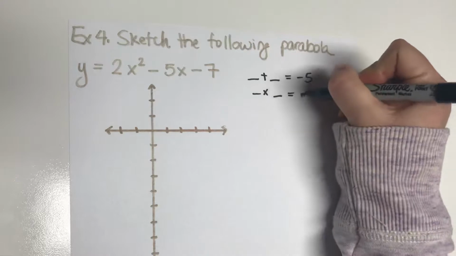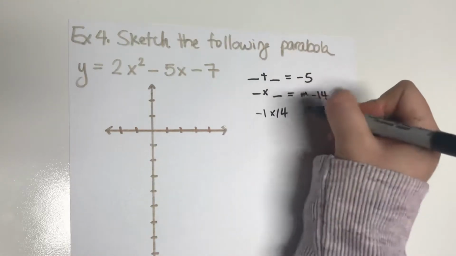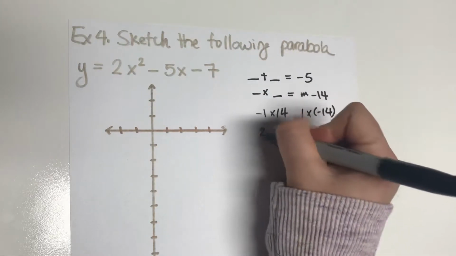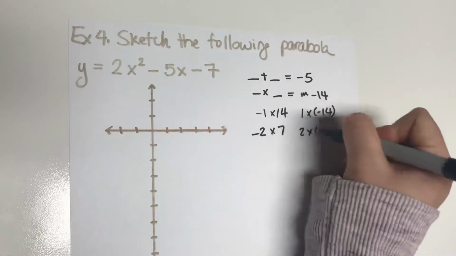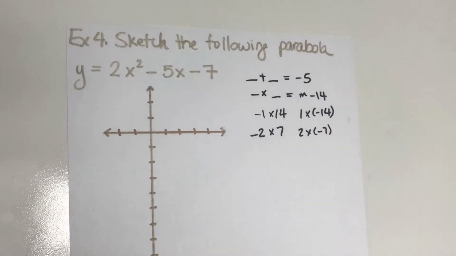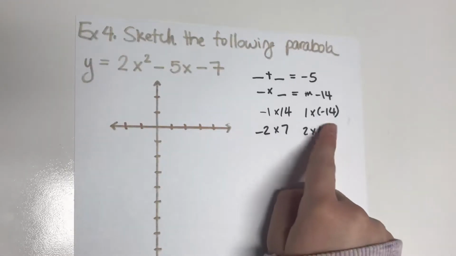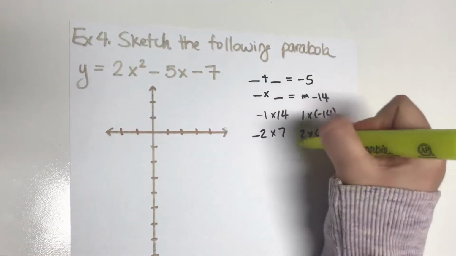They are -1 and 14, 1 and -14, -2 and 7, and 2 and -7. And the pair that has a sum of -5: these add up to make 13, these add up to make -13, these add up to make 5, so it's these last two that add up to make -5.